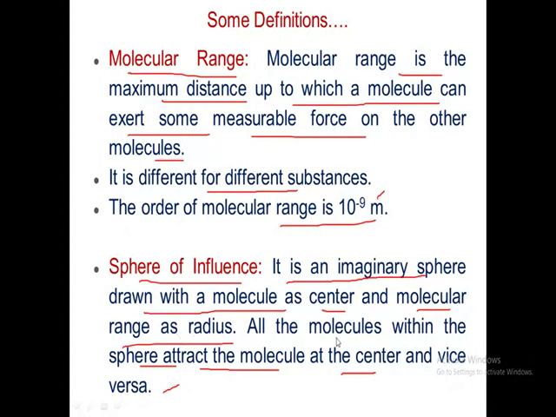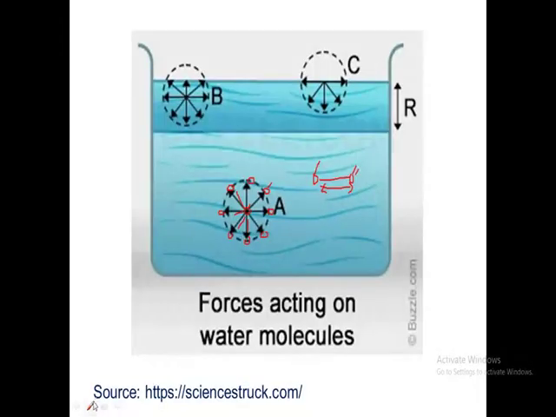Then all the molecules within the sphere attract the molecule at the center and vice versa. What it means? Once you have a sphere of influence, this molecule is attracted by all the surrounding molecules, or in other words, all these molecules are attracted by the central molecule.